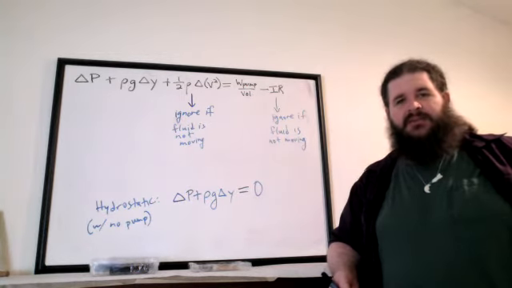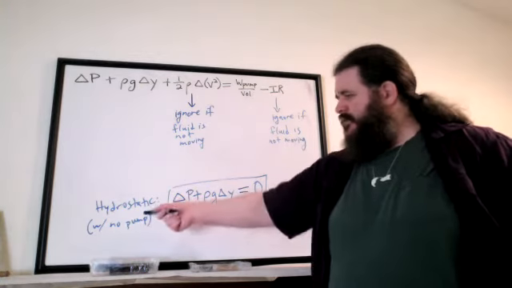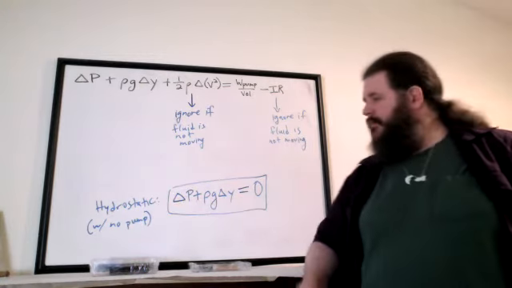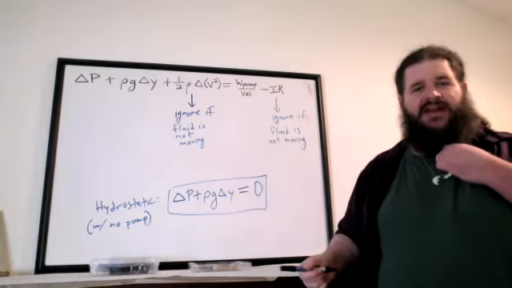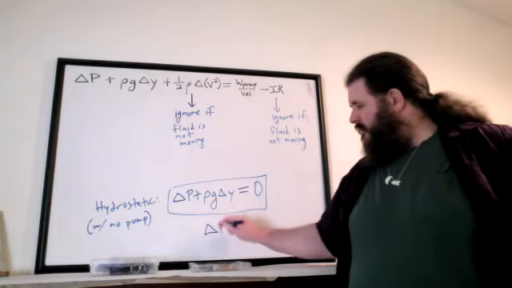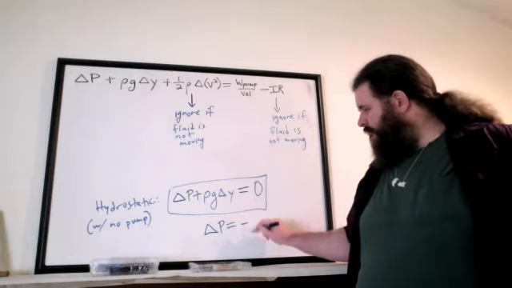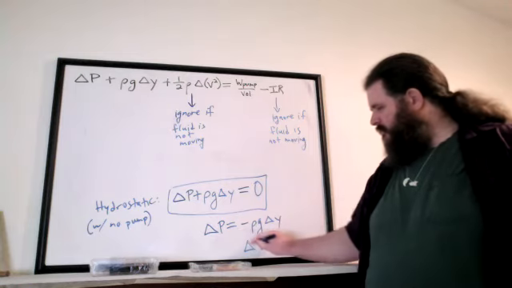The hydrostatic Bernoulli equation says that in a fluid system with no motion at all and no pump, change in pressure plus rho times G times change in height has to add up to 0. Which means change in pressure is directly proportional to change in height.